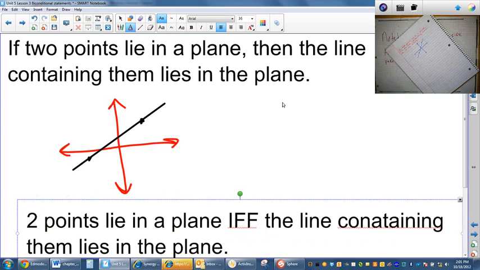Is that correct? That is correct, yes. Well, I didn't spell it right, but yes. So 2 points lie in a plane if and only if the line containing them lies in the plane.